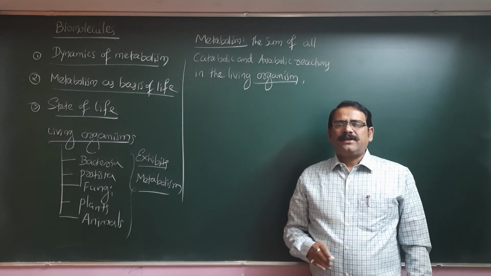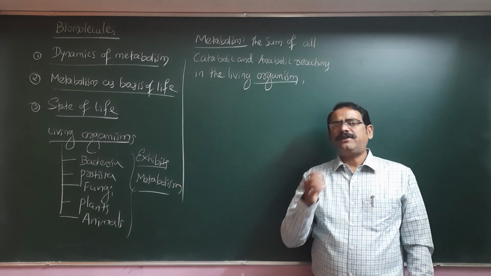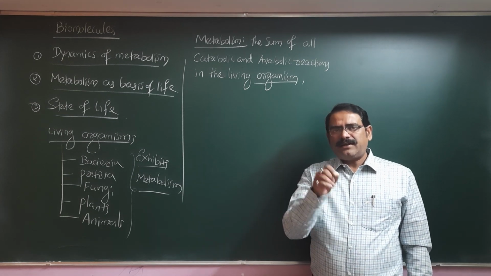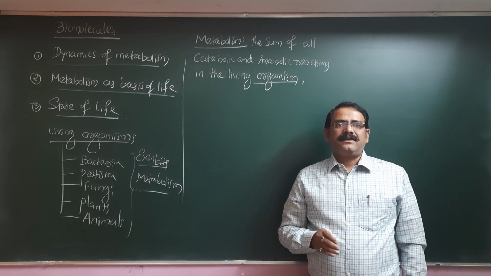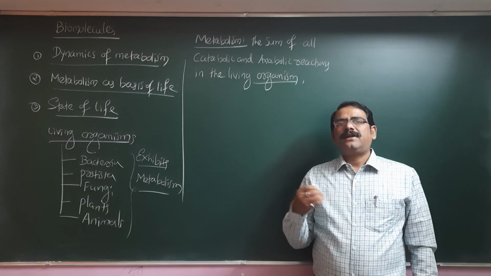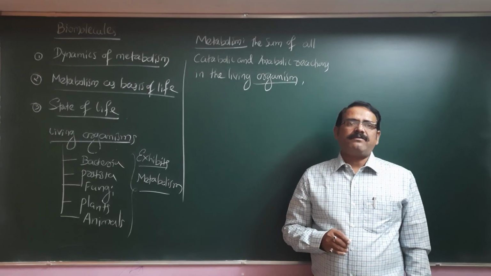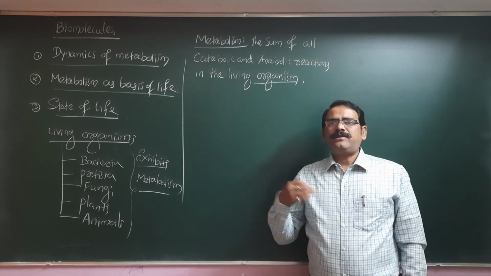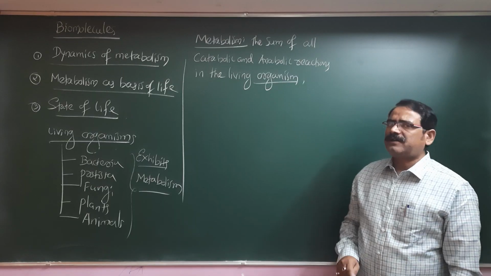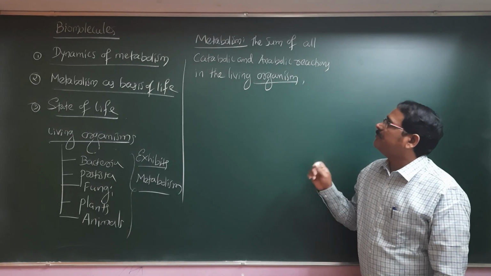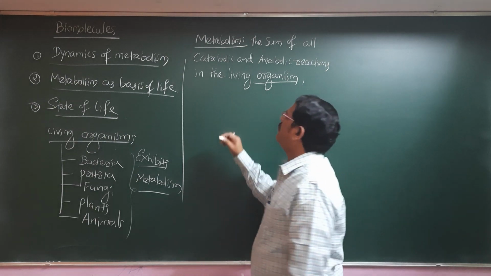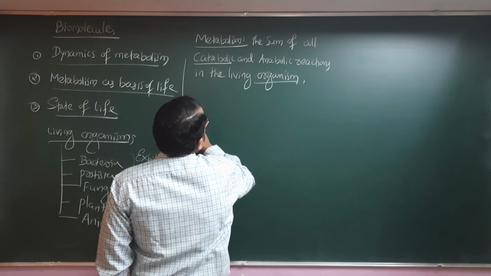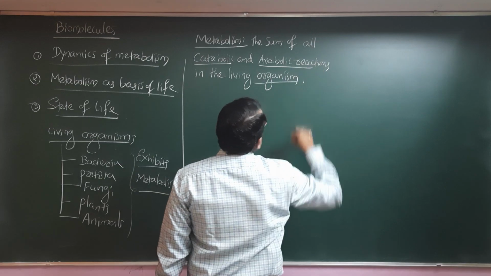All these are basic activities. How is it possible? Unless metabolism is happening inside the cell, none of these activities can happen. So metabolism is the sum or total of two important activities, called catabolic and anabolic activities.